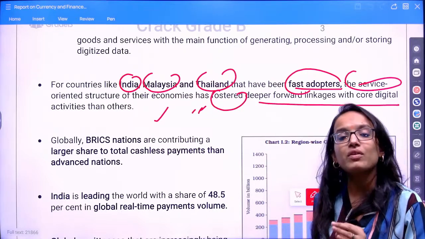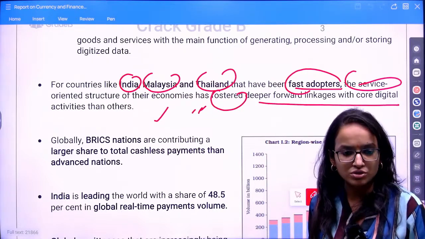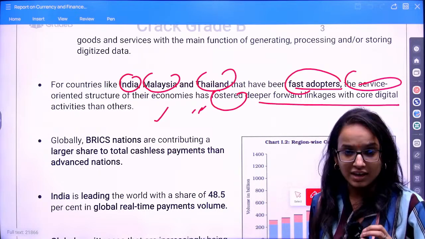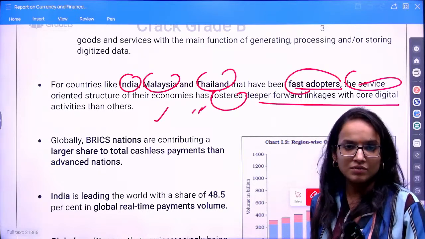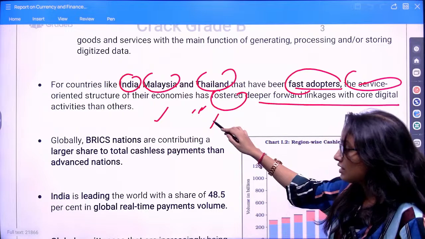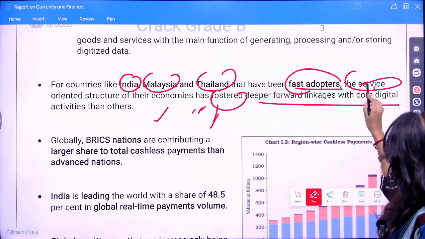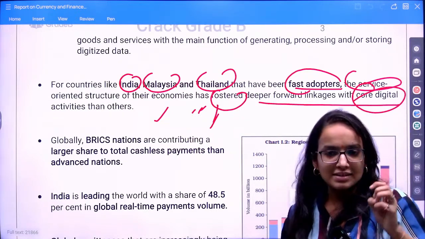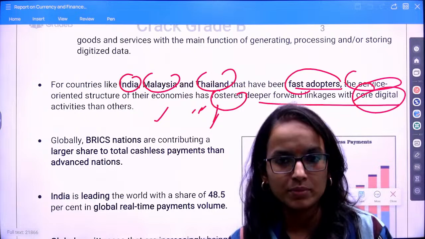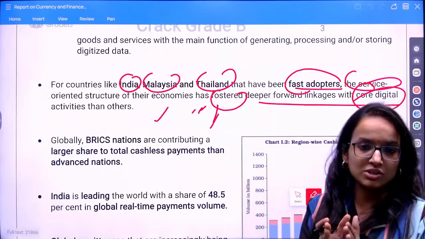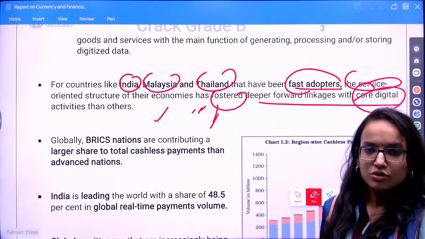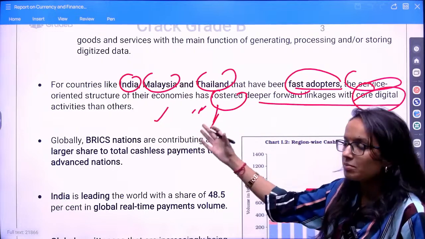They have been very fast adopters of digital solutions, digital technologies in governance, in production, in services. So they have been successfully able to link their economy with core digital solutions, right? Remember 3 names: India, Malaysia and Thailand.